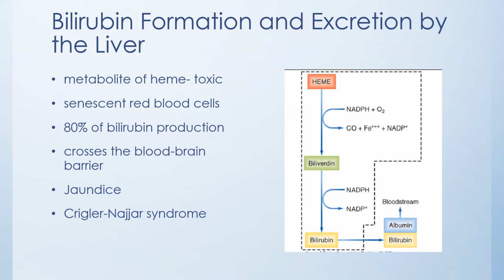It's called your Crigler-Najjar syndrome, and there are two types, your type 1 and type 2. In type 1, there's a mutation in the hepatocyte enzyme UGT. Thus, your type 1 will mean complete lack of this enzyme, so the liver will not be able to conjugate this type of bilirubin.